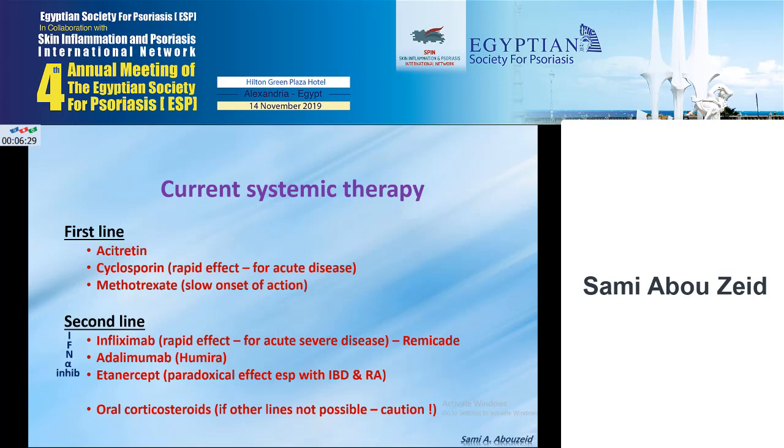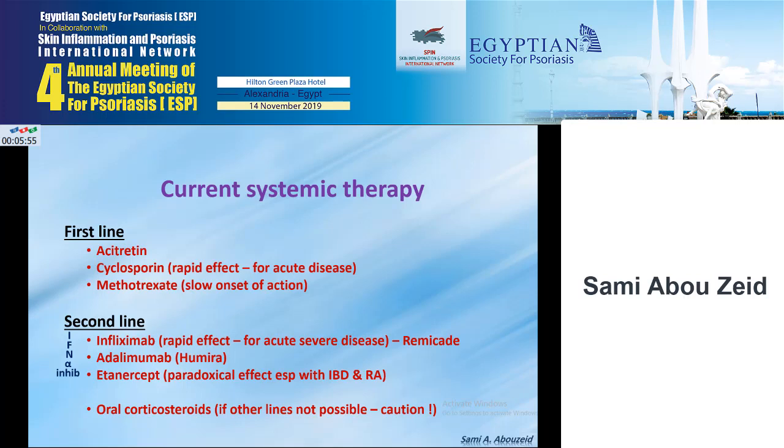The second line: the tumor necrosis factor inhibitors. Infliximab also has a rapid effect, but not for acute cases, and for example it is Remicade. Adalimumab, Humira, etanercept, but there is a paradoxical effect reported, especially in patients with inflammatory bowel disease and rheumatoid arthritis, if these are associated with psoriasis.